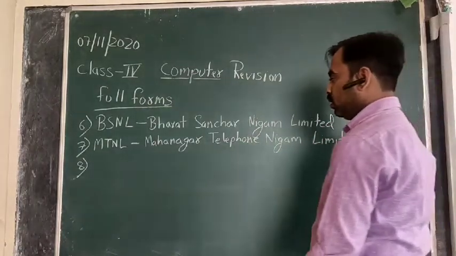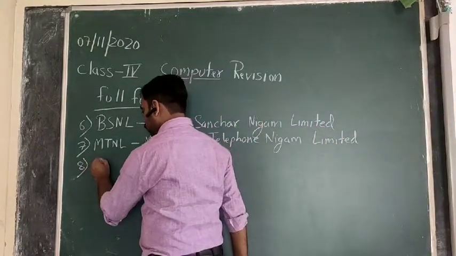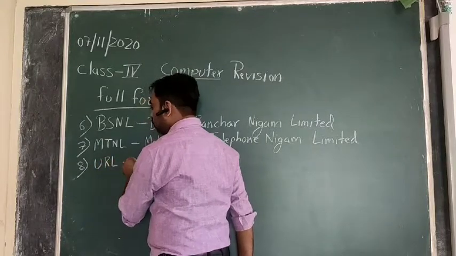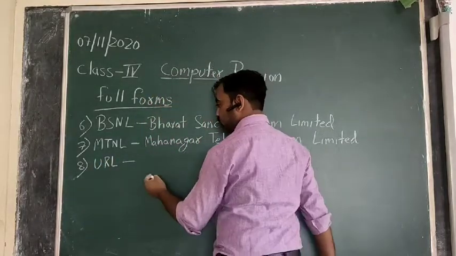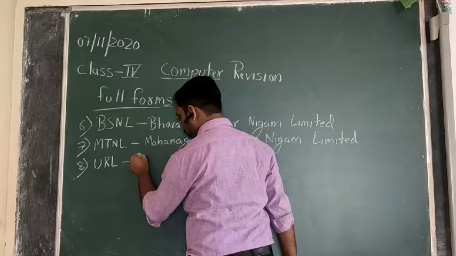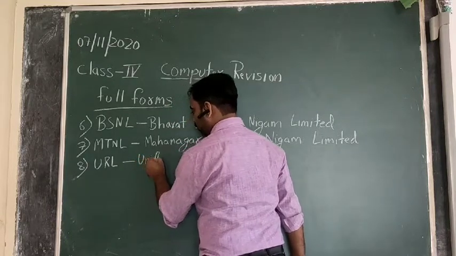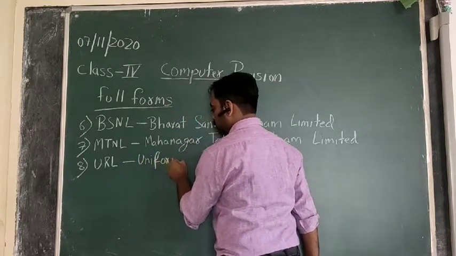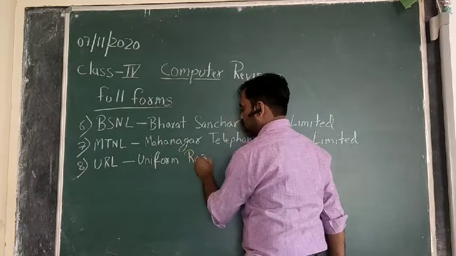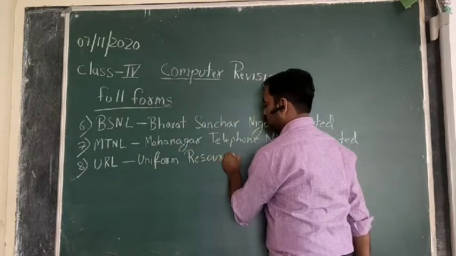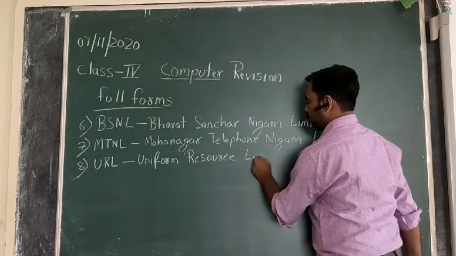Okay. Next, eighth one is URL, or the web address. The URL is also known as web address. The full form of URL is Uniform Resource Locator.